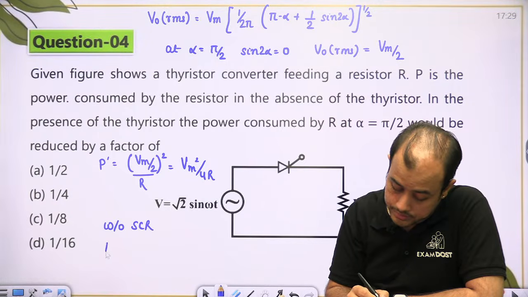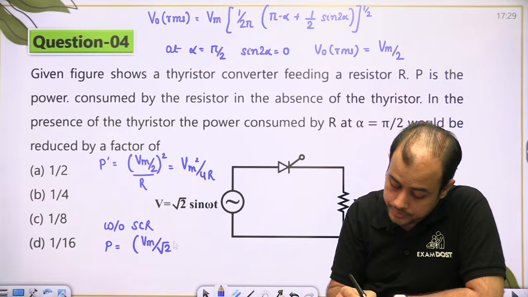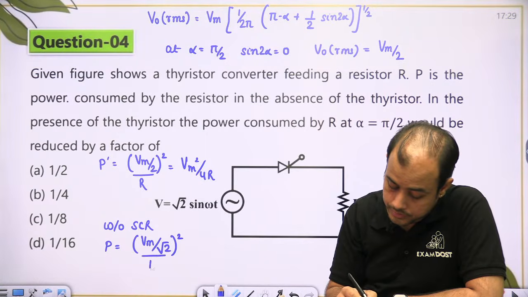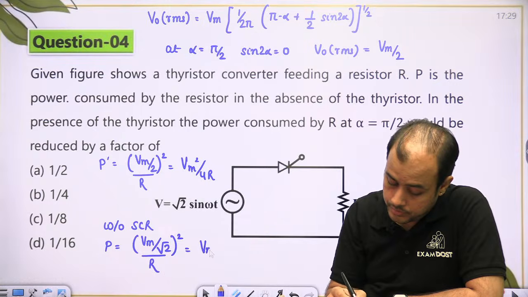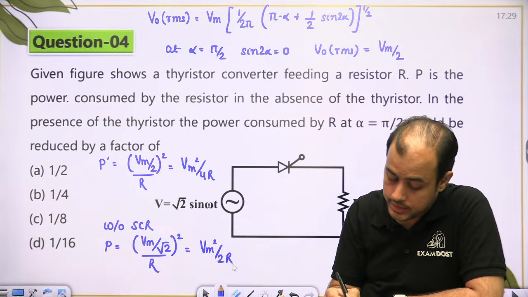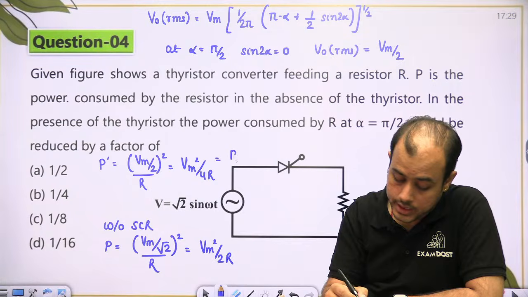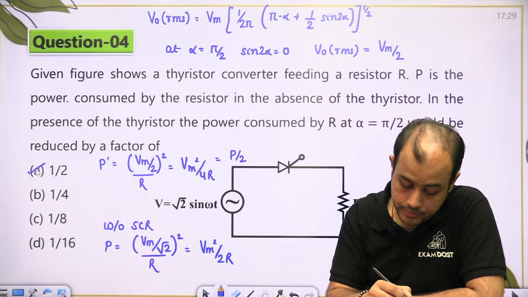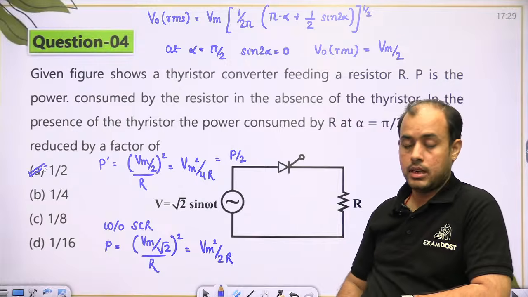Without SCR, the peak value will be Vm by root 2. For sinusoid. So P dash will be P by 2. It will become half.